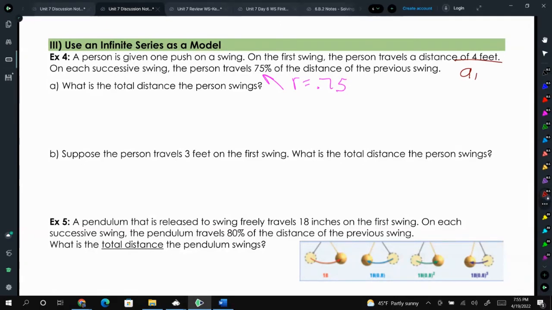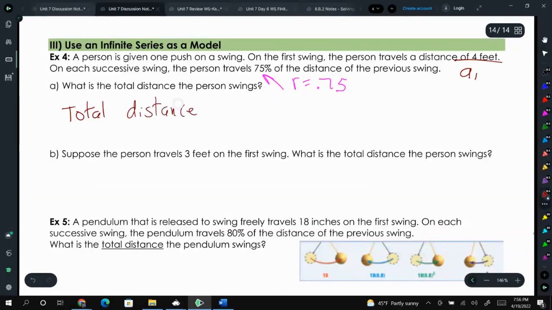So as they're swinging, each time they go is going to be less and less until they eventually stop, and we can add up all of that distance. So the total distance is going to be an infinite sum where a sub 1 is 4 over 1 minus 0.75.